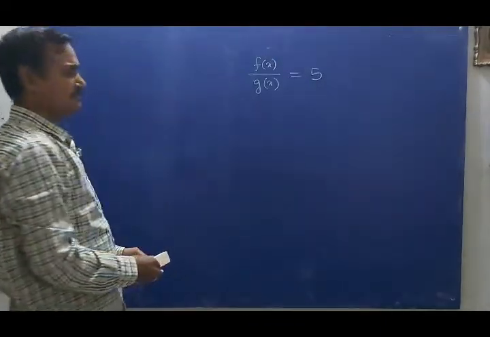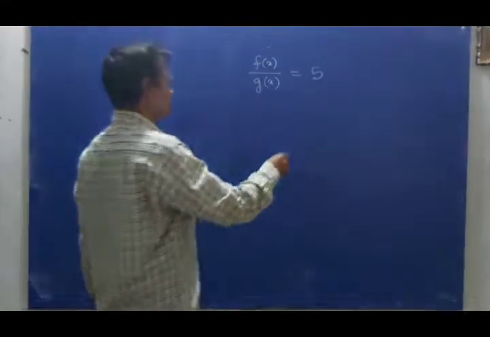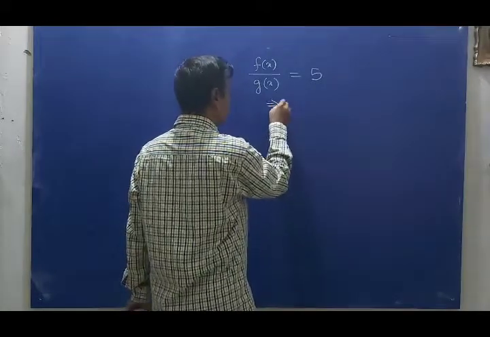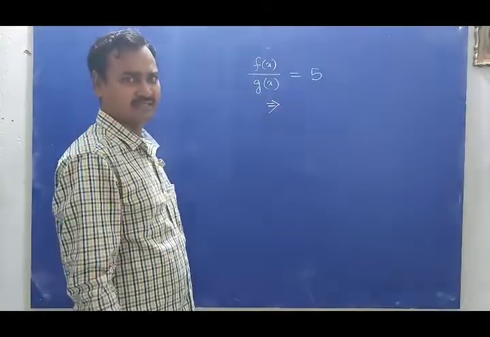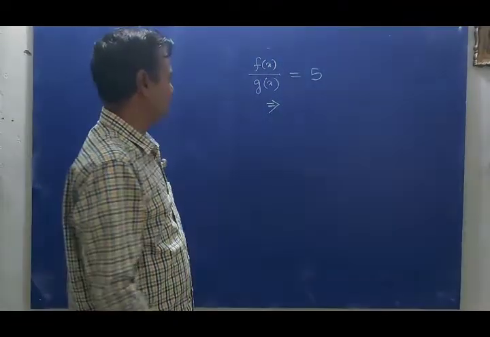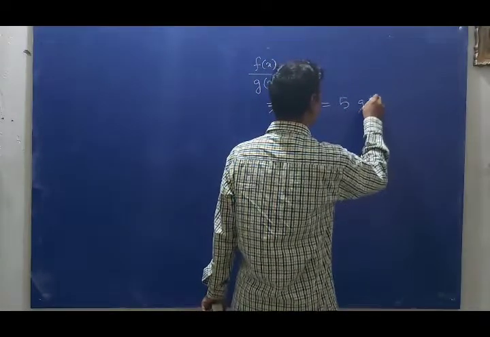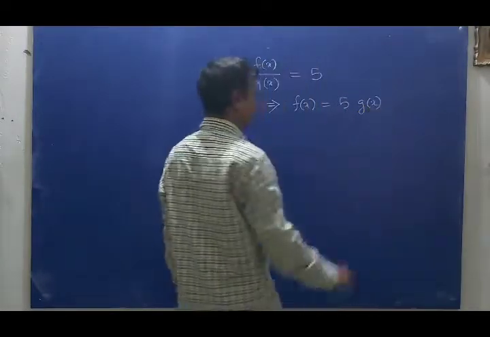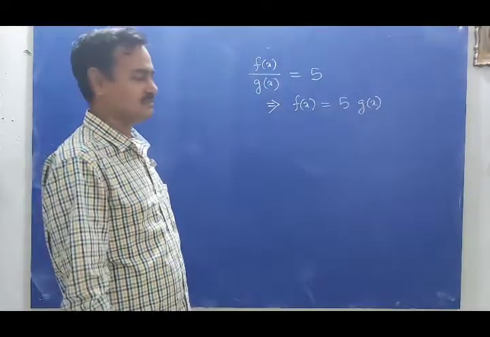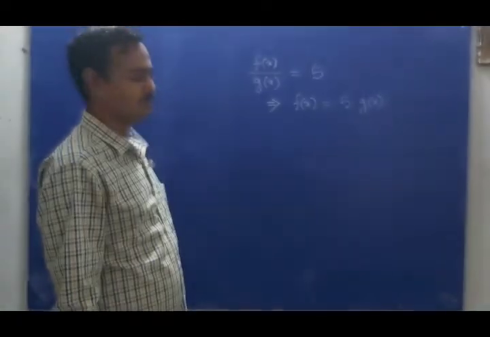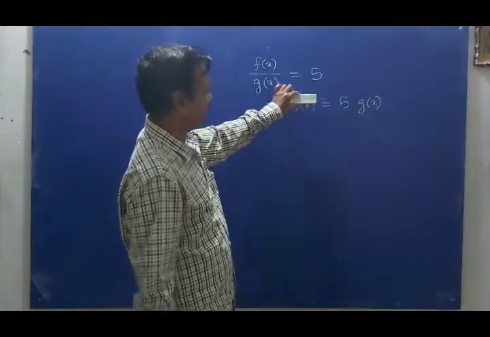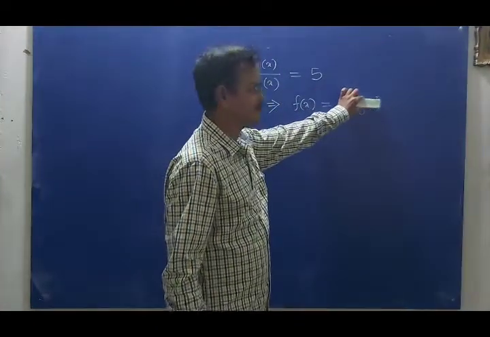So what is given? f of x by g of x is equal to 5. By cross multiplication, f of x is equal to 5 into g of x. Take this as u and this as v.